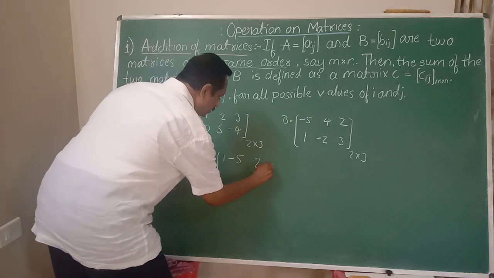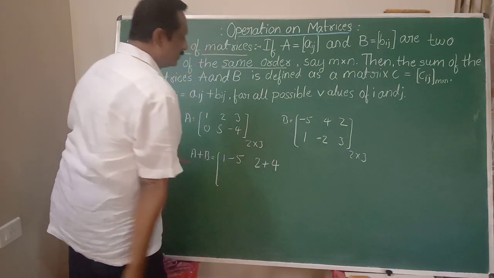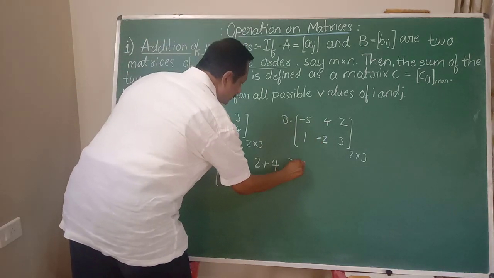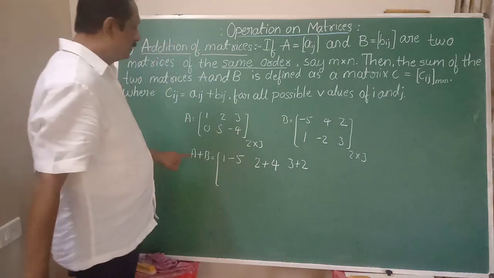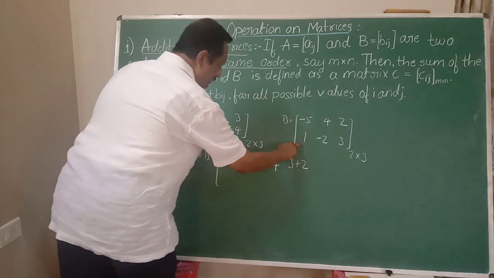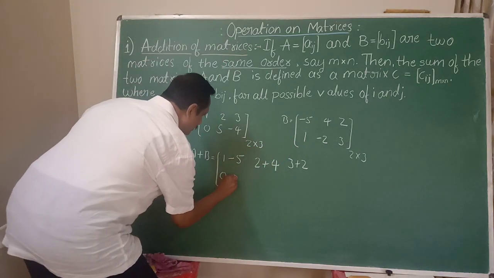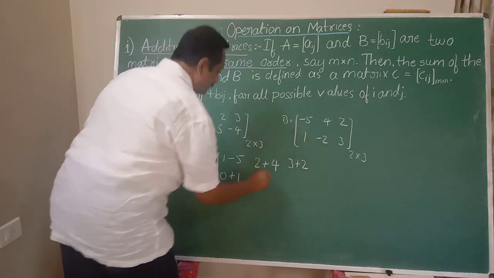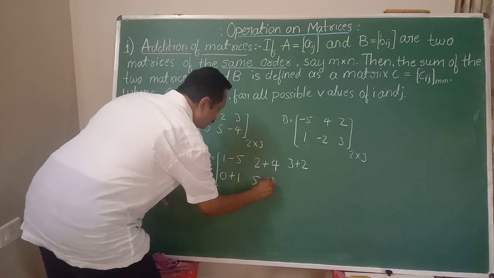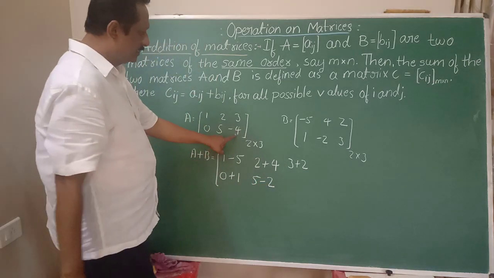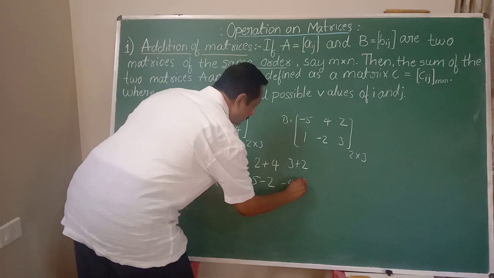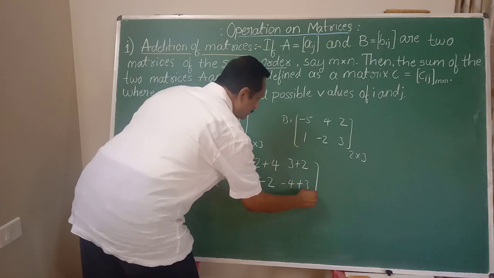Then 3 plus 2. Next 0 plus 1. Then 5 minus 2. And minus 4 plus 3.